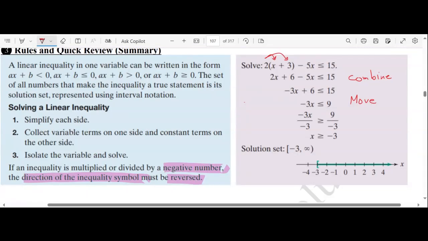Turn off the light, please. And then we're going to divide by negative 3 to get rid of the negative 3. If you play on the left, you play on the right. And in this case, we reverse the inequality symbol. So x is greater than or equal to minus 3.